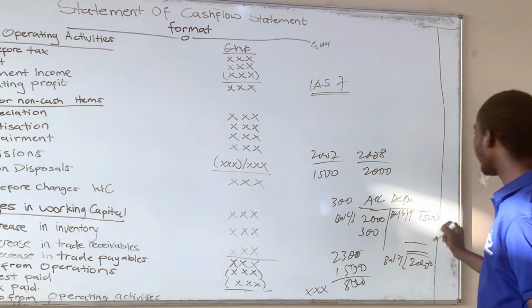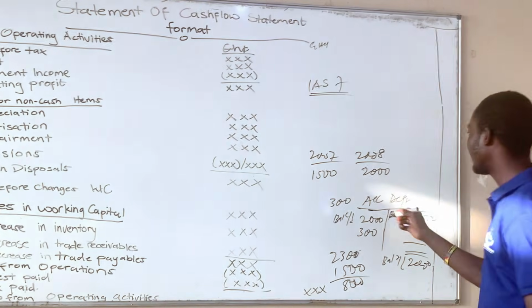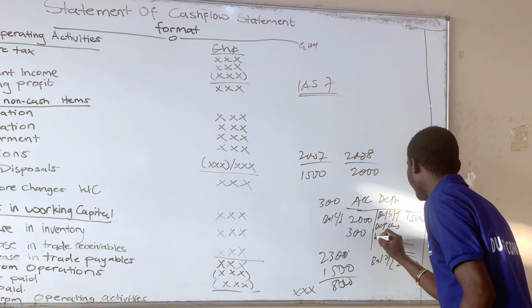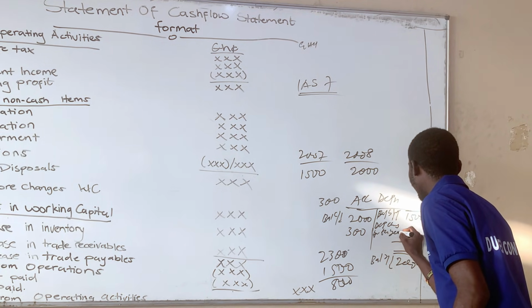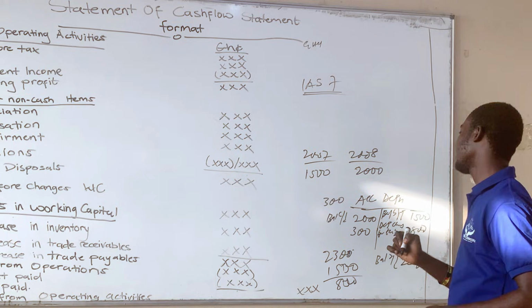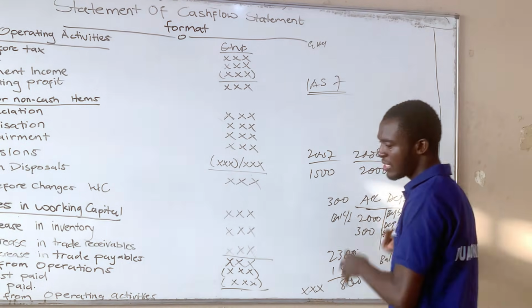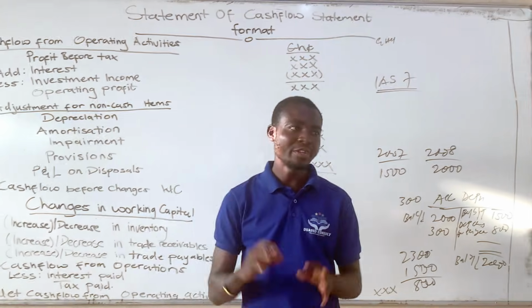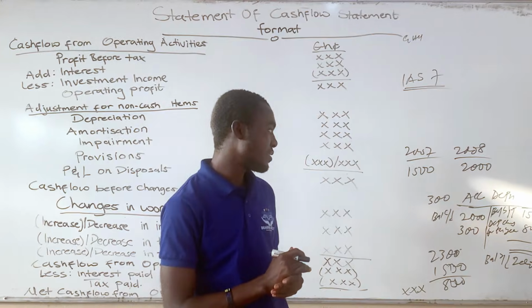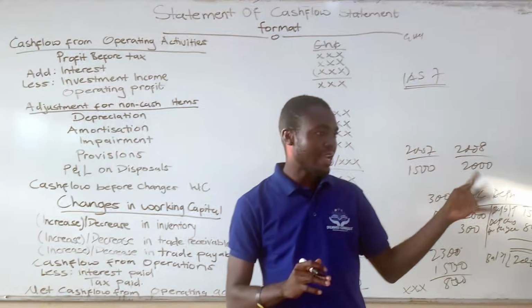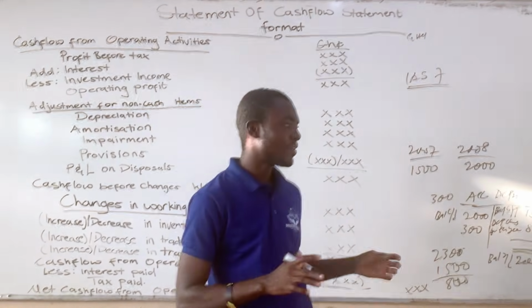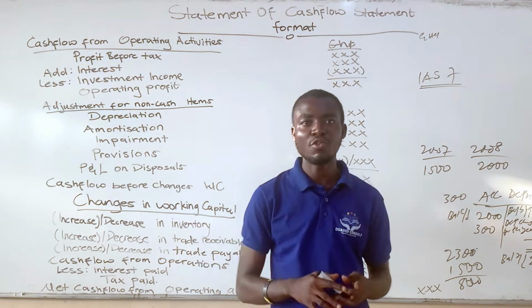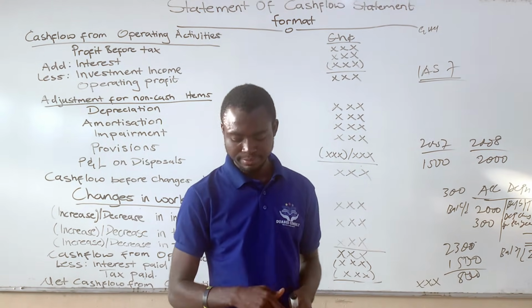So the difference of 800 will be the charge for the year. So depreciation charge for the year, which is 800. So this is how you calculate depreciation charge for the year when you have been given accumulated depreciation for the beginning and for the end of the year, as well as the accumulated depreciation for disposal of vehicle.